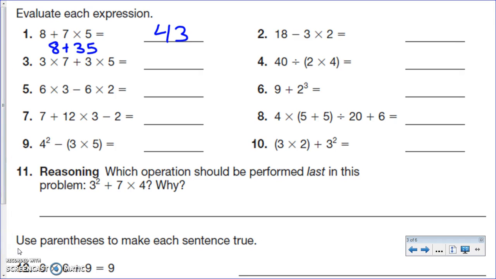For 2, we have 18 minus 3 times 2. Again, no parentheses or exponents, so we go straight to multiplication. So it becomes 18 minus 6. And we know that that becomes 12.